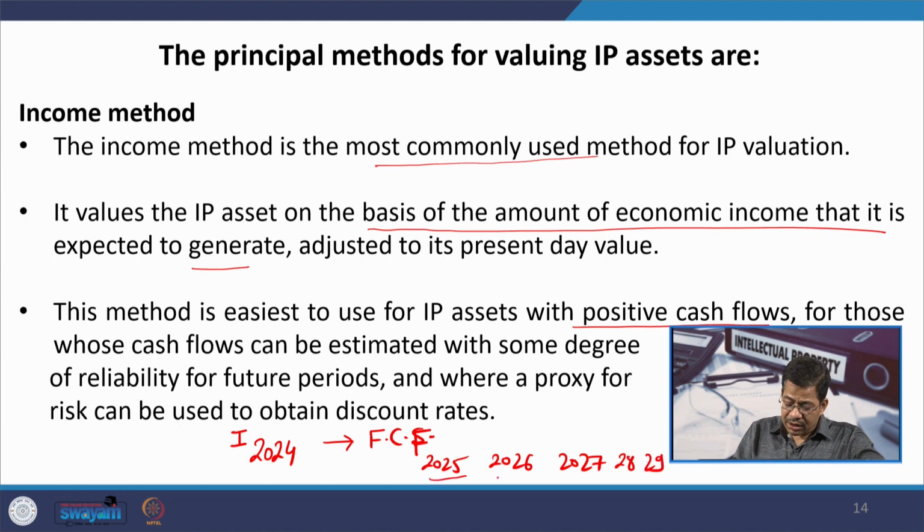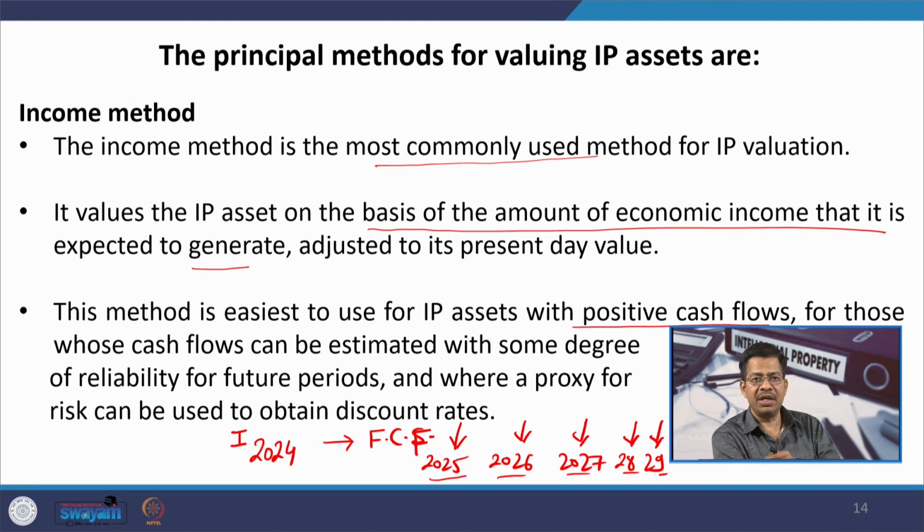So, you know what the cash inflows will be in these 5 years, and based on some discount rate you are going to see what the net present value of these future cash flows is. So, this becomes the income based approach, and you should know it with some degree of reliability for the future period.